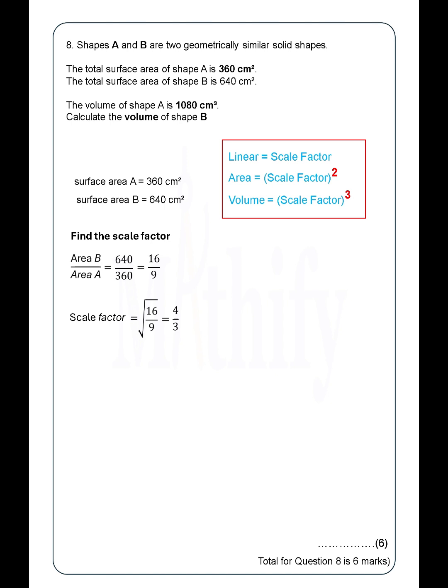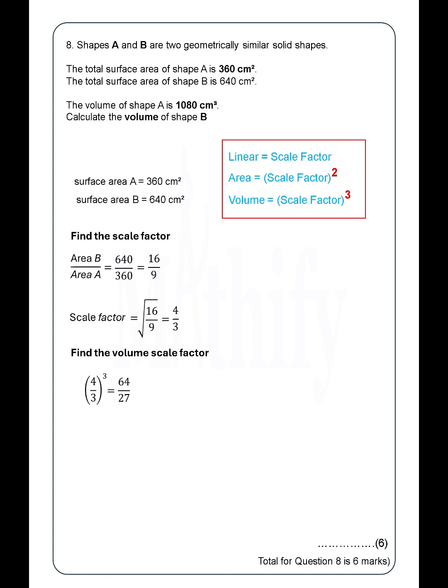So that scale factor is in the form of centimeters. Now to get to centimeter cube, 4 out of 3, we need to cube it. So 4 cube is equal to 64 and 3 cube is equal to 27. So the volume scale factor would equal 64 out of 27.